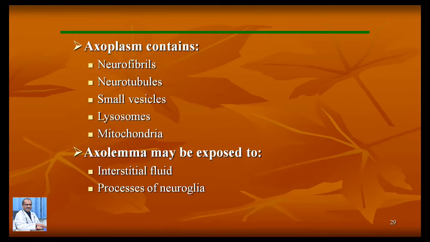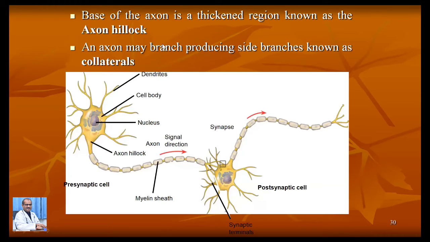Axoplasm contains once again the neurofibrils, neurotubules, small vesicles, lysosomes, and mitochondria. And the axolemma may be exposed to interstitial fluid and processes of neuroglia. Here, the base of the axon is a thickened region known as the axon hillock.